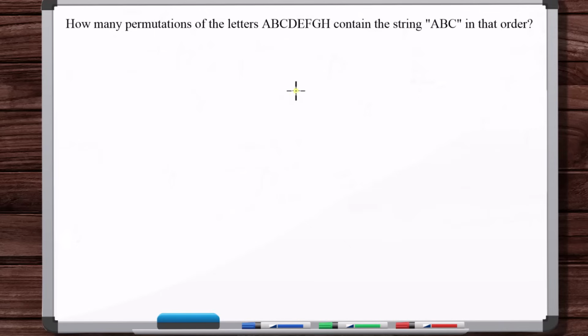All right, so what we want to do here is think about how, if we say this big capital A is the string ABC, then what we've got is this big capital A, B, C, D, E, F, G, H. And now we can just calculate the total number of ways to arrange these letters, right?